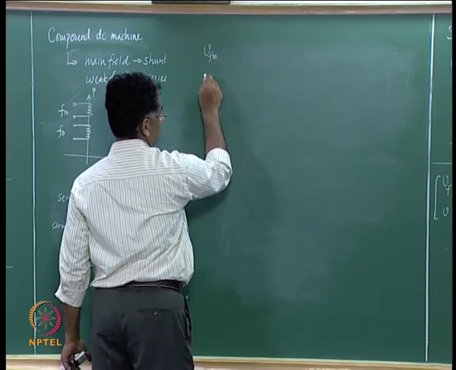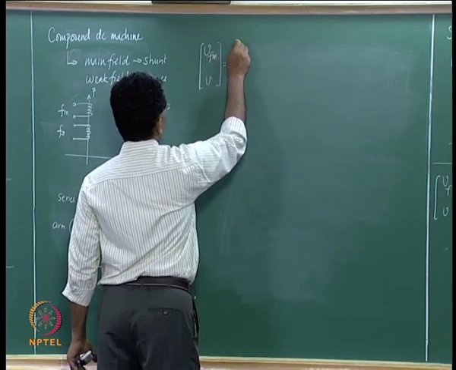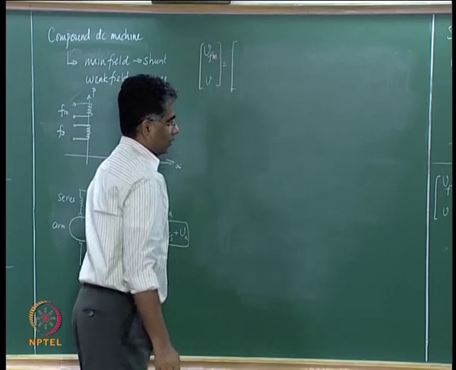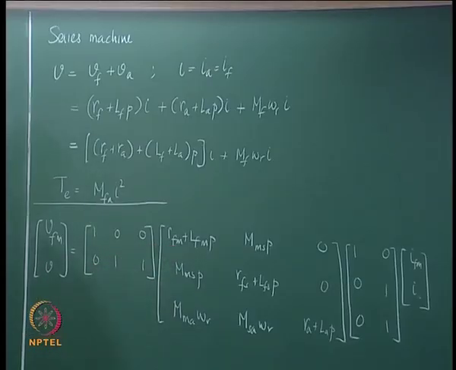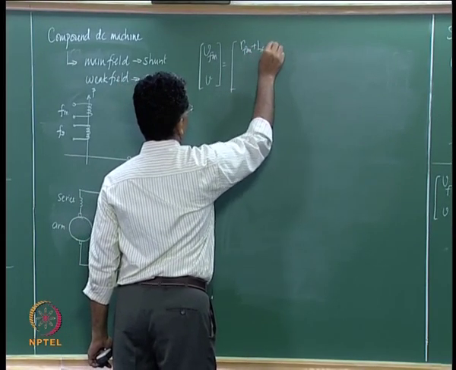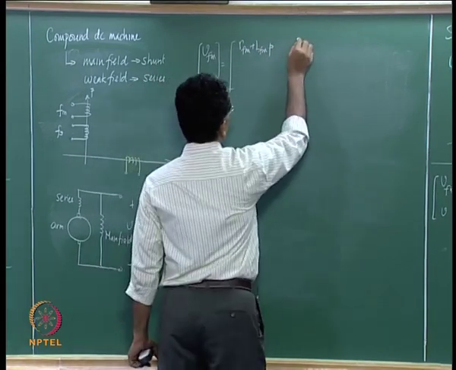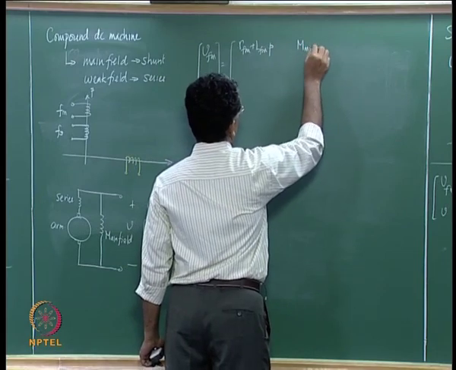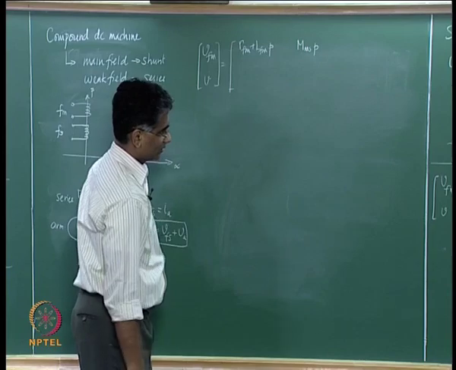You have VFM and V. So let us do this matrix multiplied by this first, which means this first term is RFM plus LFM into P, remaining terms are 0, and then you have MMS into P, the last term does not come.